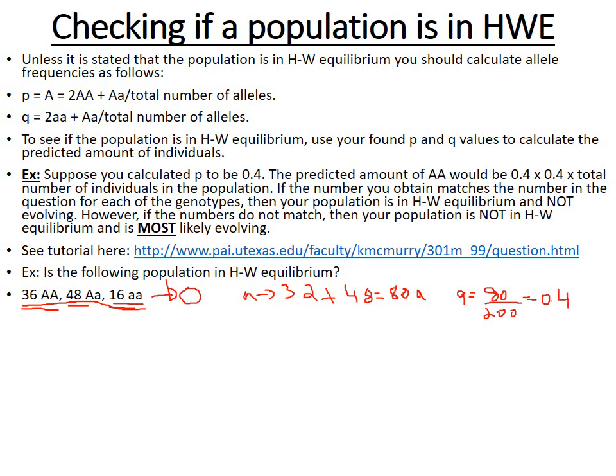So based on that, now I can do my p. p is going to be equal to 1 minus 0.4. And that should be 0.6. You could have instead figured out the frequency of the dominant allele by doing 72 from the big A plus 48 from the big A little a.